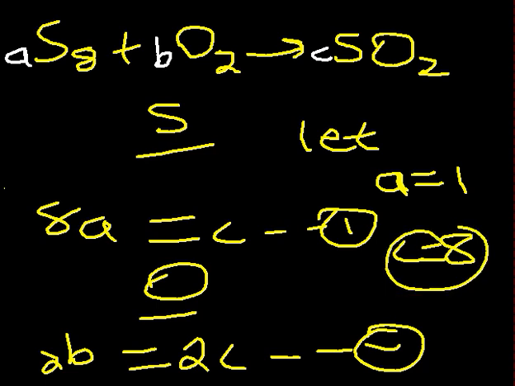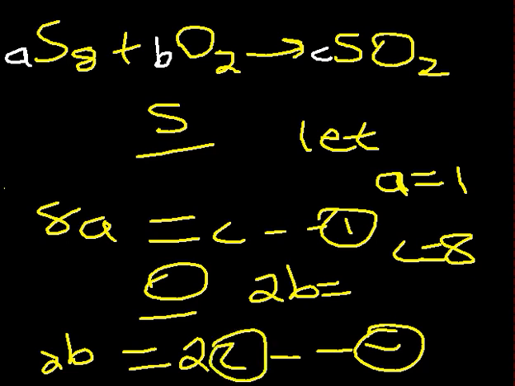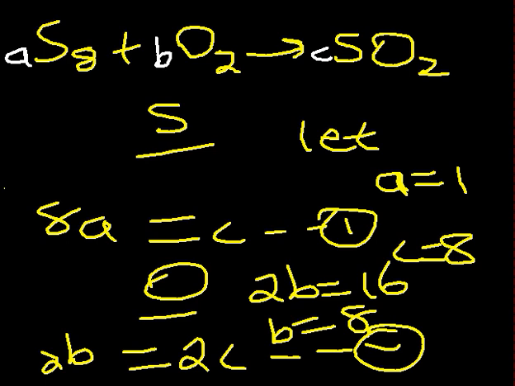Now, if we have C, it means B can easily be obtained. In that case, we'll have 2B is equal to 8 times 2, that will be given as 16. So B is equal to 8. So what is the value of A? It is given as 1.